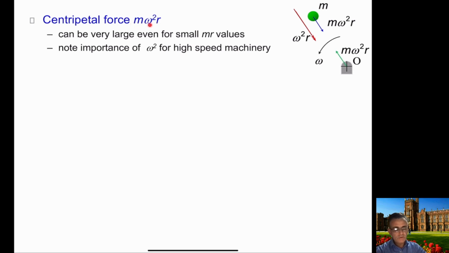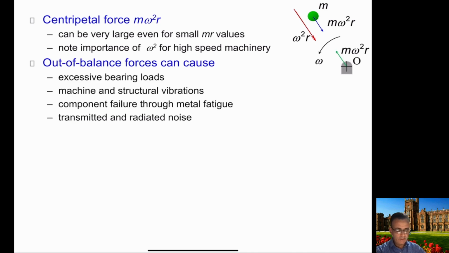So even if m and r are small, if the shaft is rotating at a very high rpm, the angular velocity will be very high, and in this equation we have omega square. Note the importance of this omega square for very high speed machinery. If omega is high, the centripetal force and obviously the centrifugal force will be very, very high.